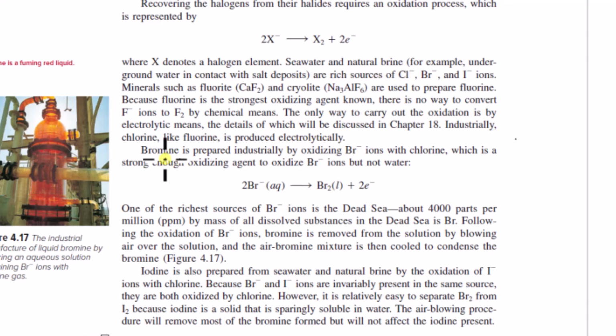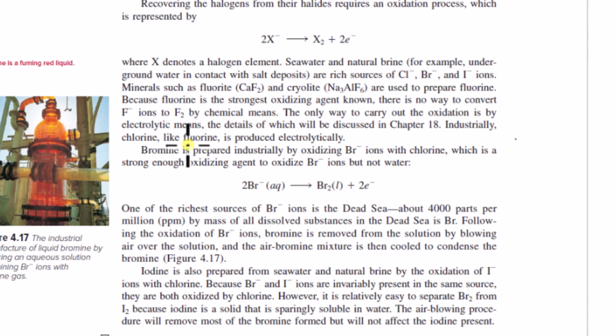Bromine is prepared industrially by oxidizing bromide ions with chlorine. So this is done chemically, as chlorine is a strong enough oxidizing agent to oxidize bromide ions, but not water. It's not only that it's more economical to use electrolytic means to oxidize chloride, but that fluorine attacks water.